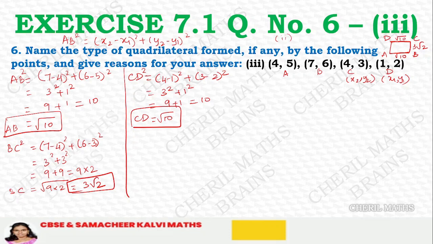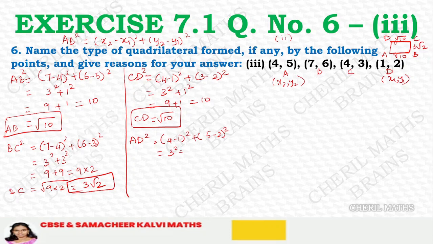Looking at this, you can very easily say the opposite sides are equal. We'll check if AD also gives 3 root 2, then obviously opposite sides are equal. So now we'll do for AD square. When I do for AD square, I am going to take A as x2 comma y2. So it will be 4 minus 1 the whole square plus 5 minus 2 the whole square.